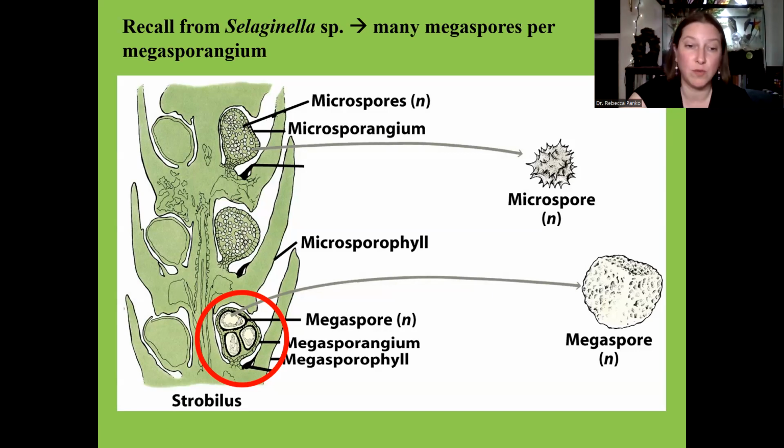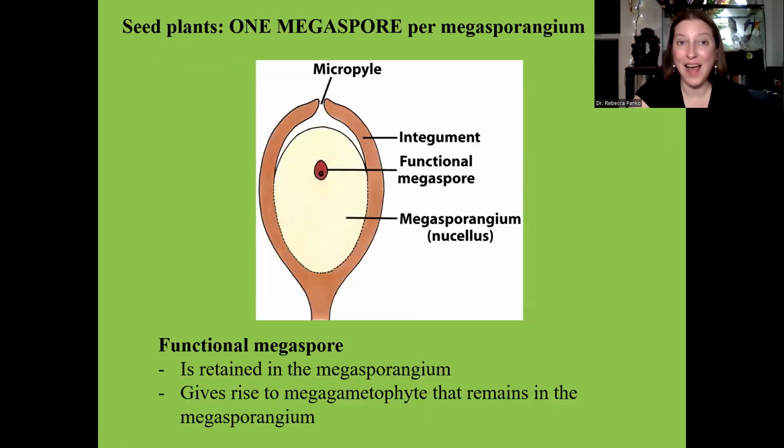And the way that the strobilus is cut, you can't see the 4th megaspore because it's behind the other 2. But trust me, there were 4 in each of these megasporangia back in Selaginella. Whereas now there's only going to be one megaspore per megasporangium, aka functional megaspore.